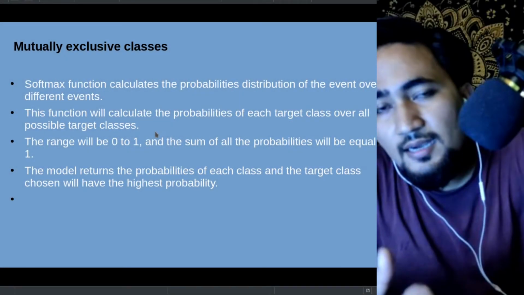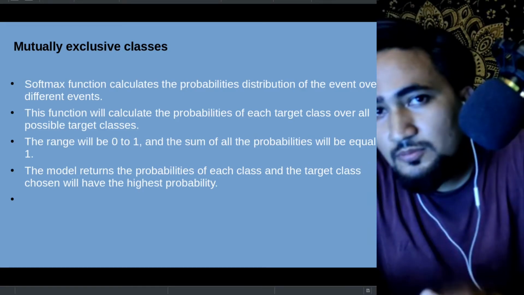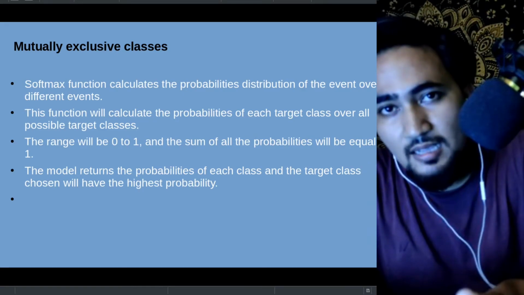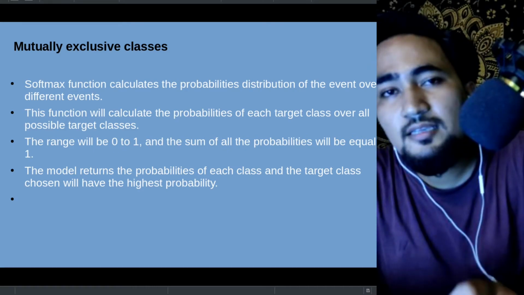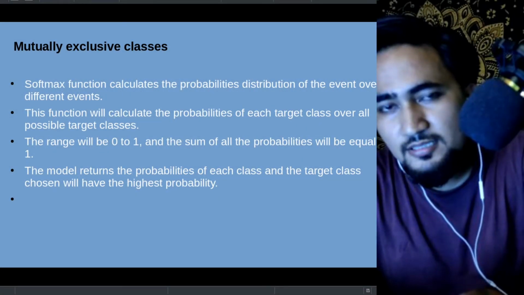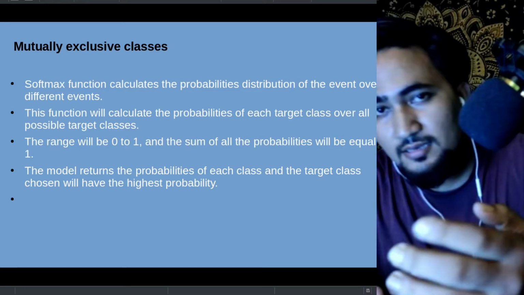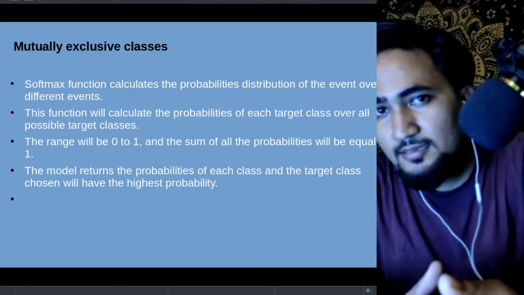We can say that this softmax activation function outputs the probability of each class, and the target class will be chosen as per the highest probability of the output class. Let's take an example. If the output node has the highest value in that respective neuron, then that output node will be taken as the target class.